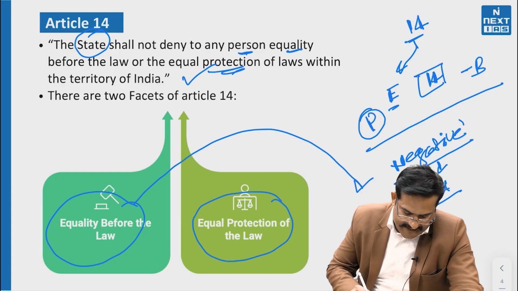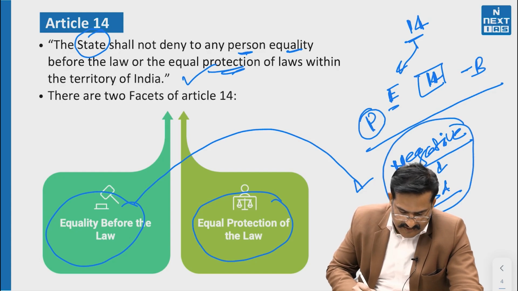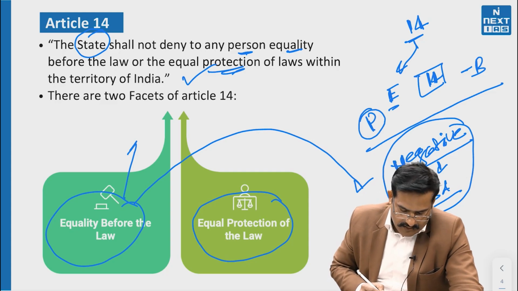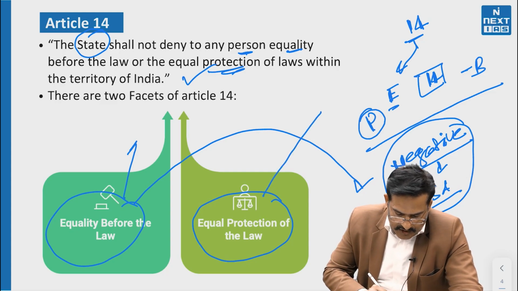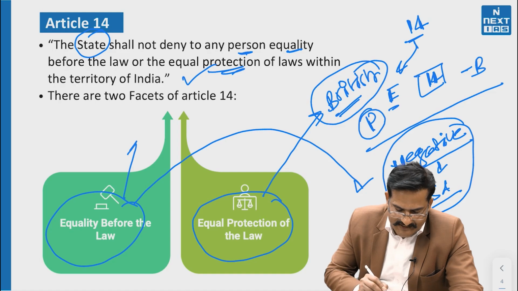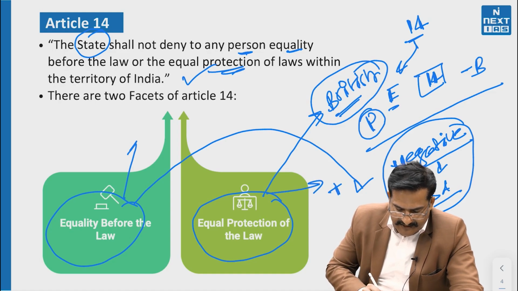What it says? It basically prohibits state in discriminating between citizens, right? At the same time, the equal protection of law doctrine is inspired from the British procedures because they do not have the constitution per se, and they are positive in nature.